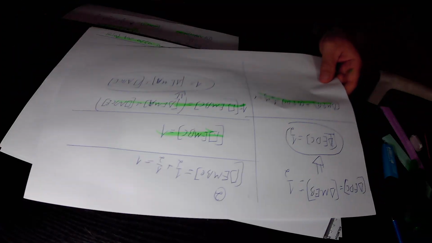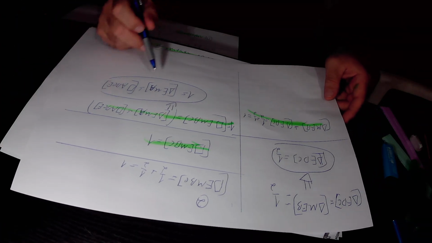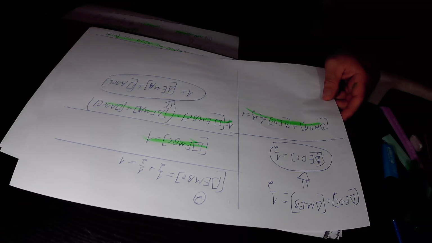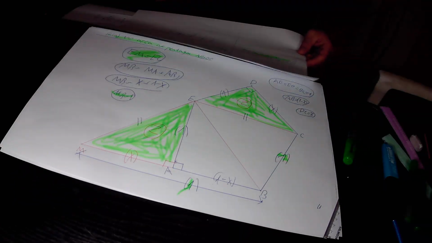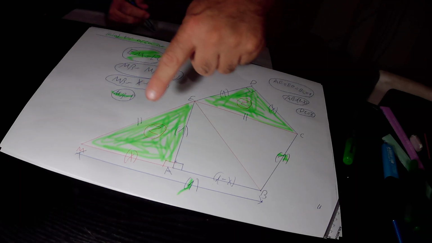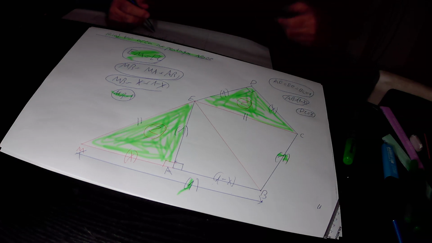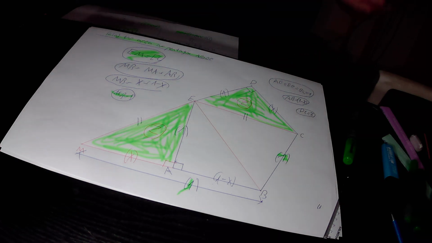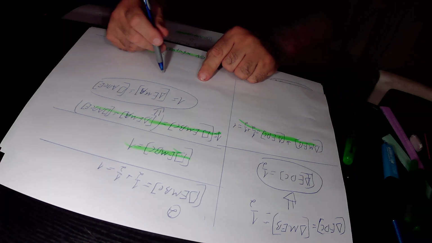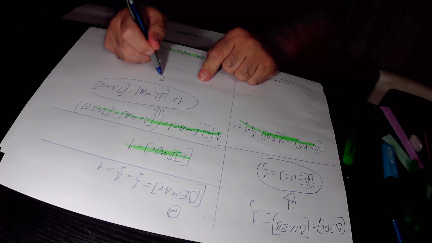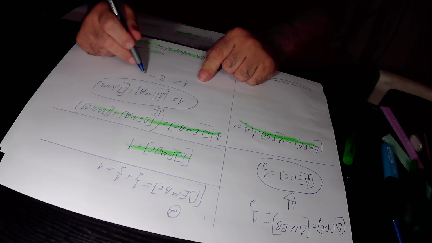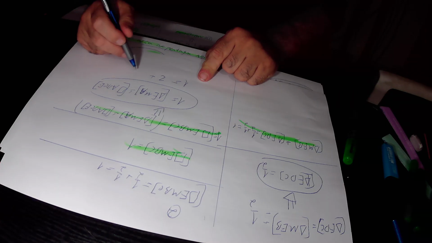But according to our definition, the area of the green triangle EMA is equal to Z. So you can substitute the area of the green triangle EMA by Z, and we get that 1 equals Z plus the area of quadrilateral ABCE.